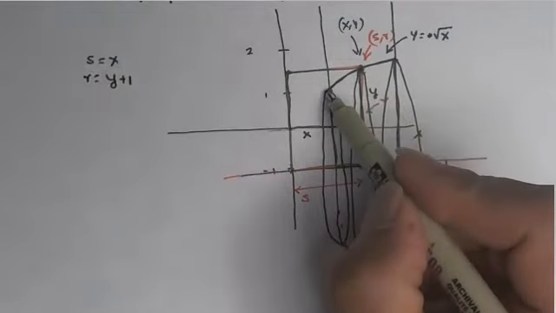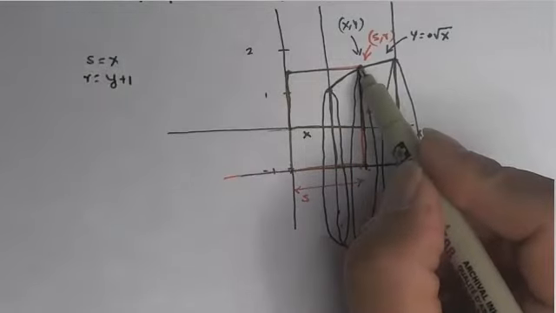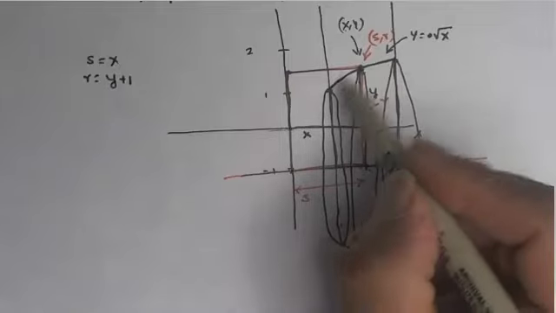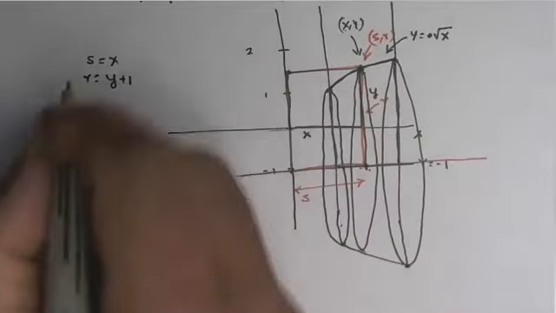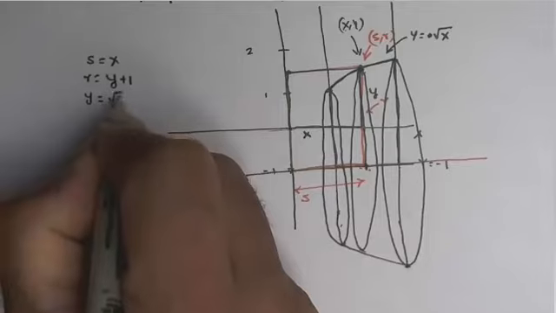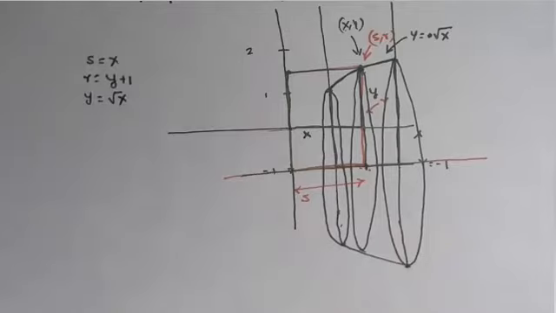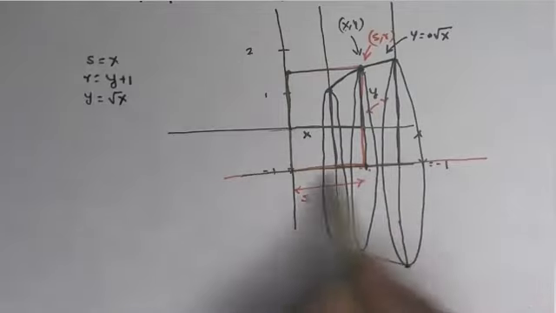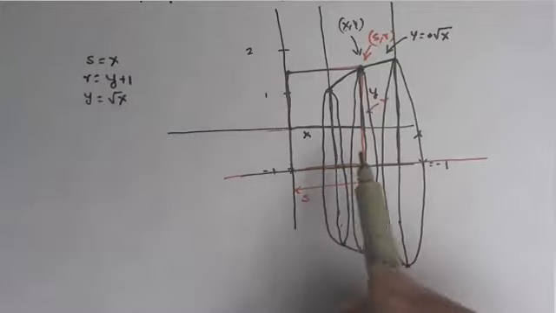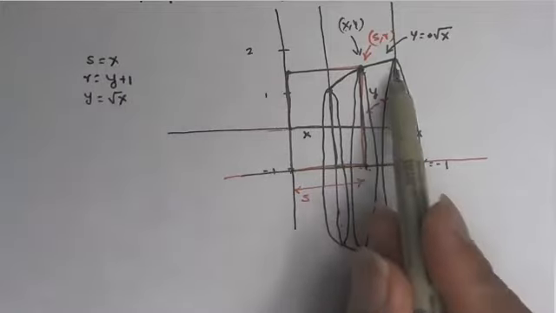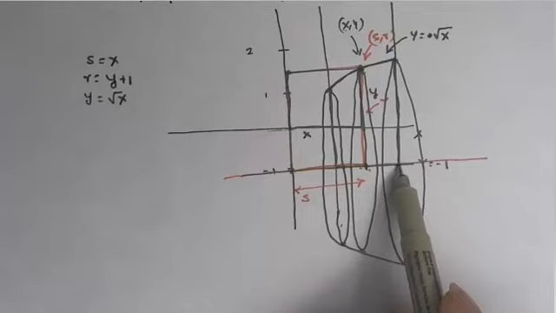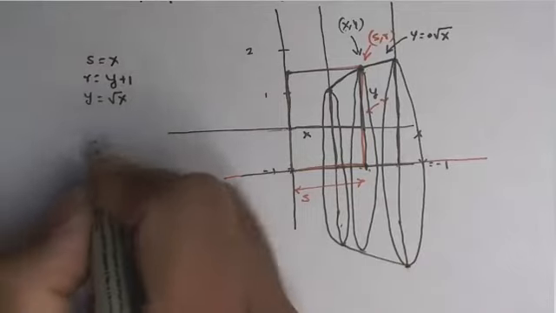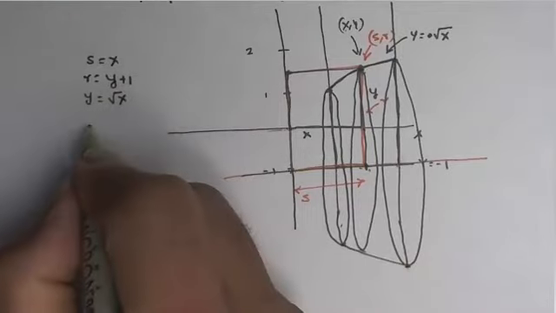And then finally the relation that relates x to y on this boundary, which is y equals square root of x. Now we have to find the limits of s. S is the same as x, and in the original region, x goes from 1 to 2, so the limits of s are also 1 and 2.